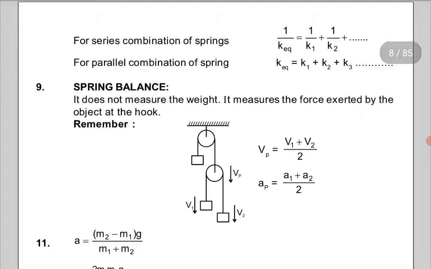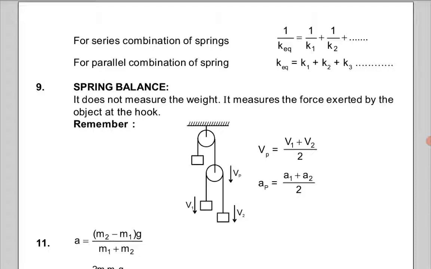For series combination of the springs, 1 by K equivalent equals 1 by K1 plus 1 by K2, and for parallel combination of the springs, we use Keq equals K1 plus K2 plus K3.